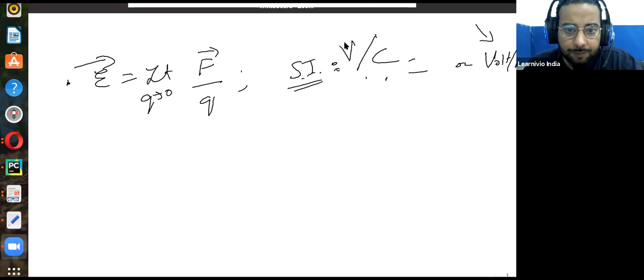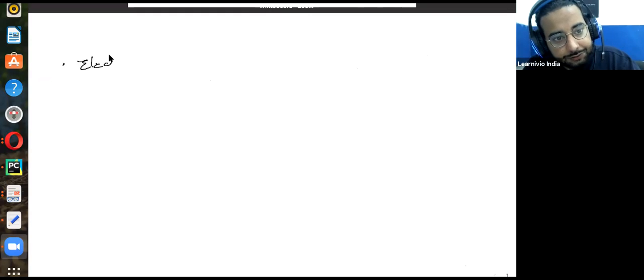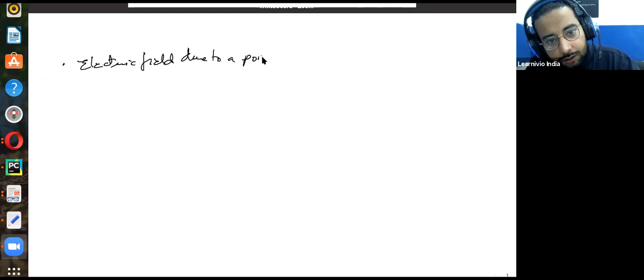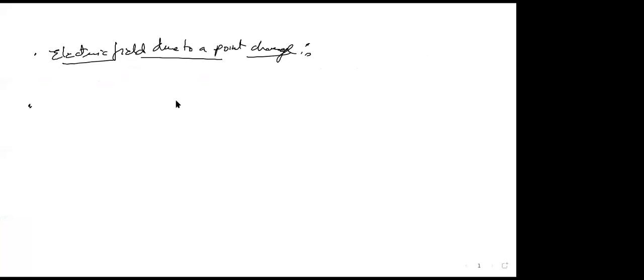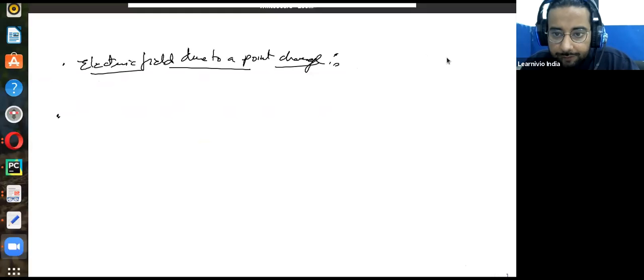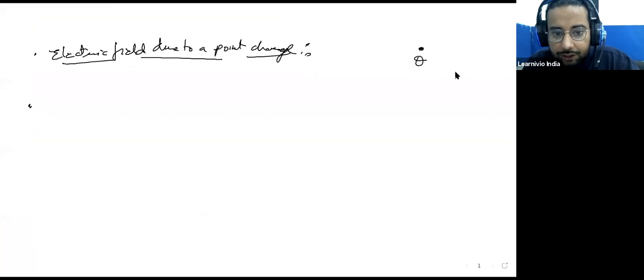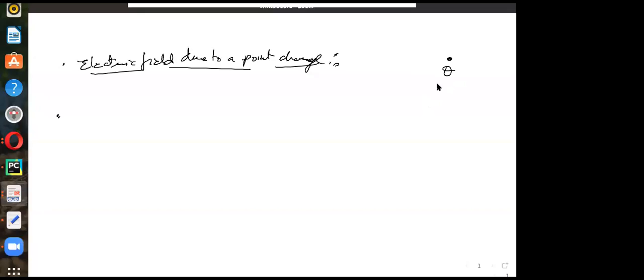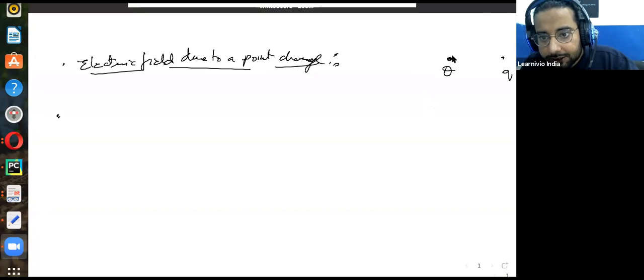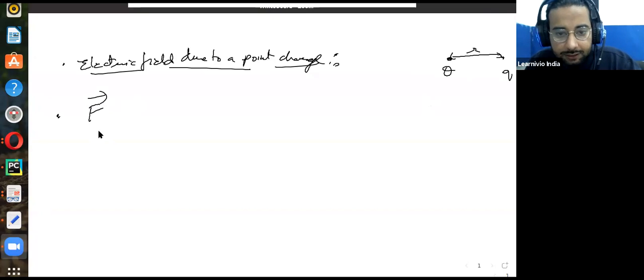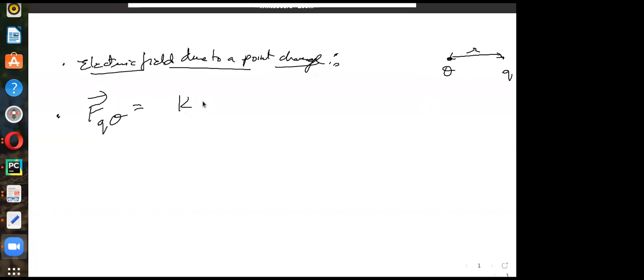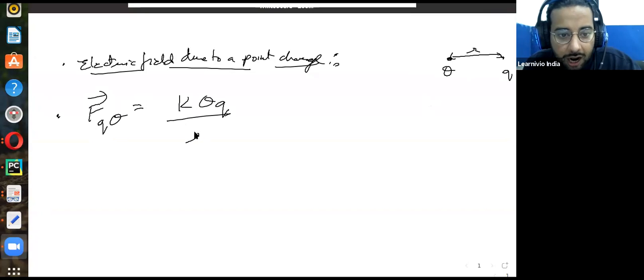Okay. So let's talk about the electric field due to a point charge. As we know, if we have, let's say, a point charge capital Q, and there is a small charge small q which is at a distance r away, the force which will be acting on small q because of capital Q is going to be kQq over r squared.